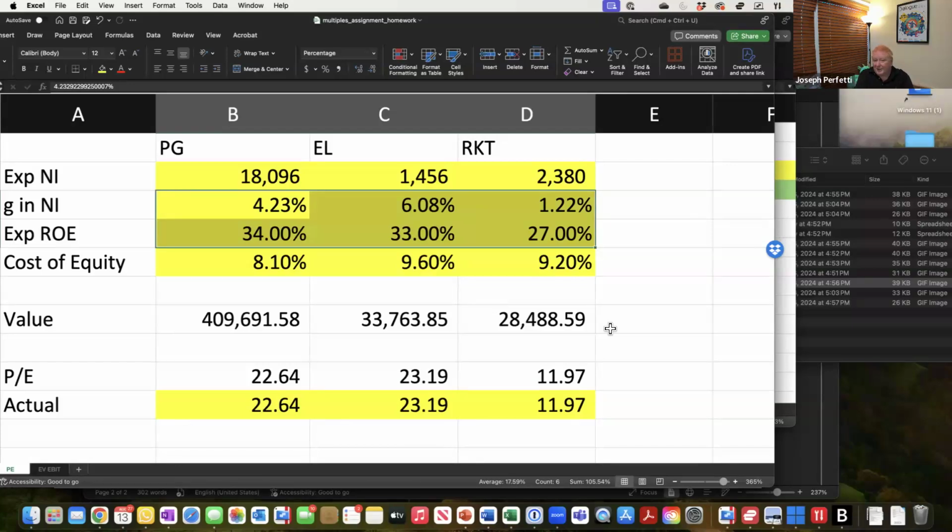If you don't grow that spread, you don't create as much value. That's the accelerant, and they just lack the accelerant at RKT. That's why they're trading at a discount at 11.97. They also have a much higher cost of equity than P&G, 9.2 versus 8.1, which tends to lower the multiple even further.